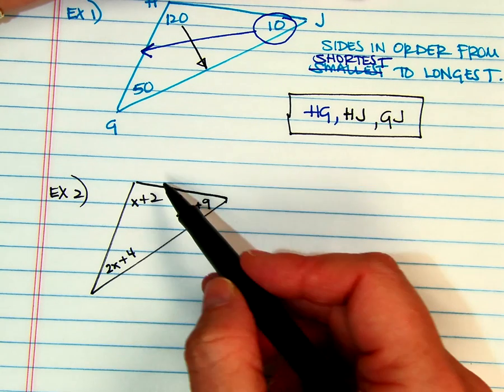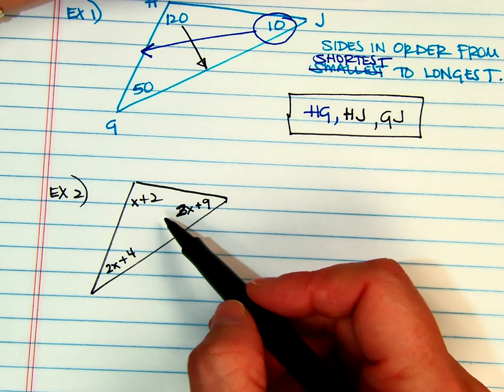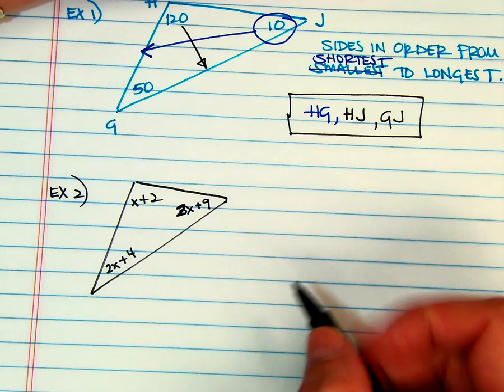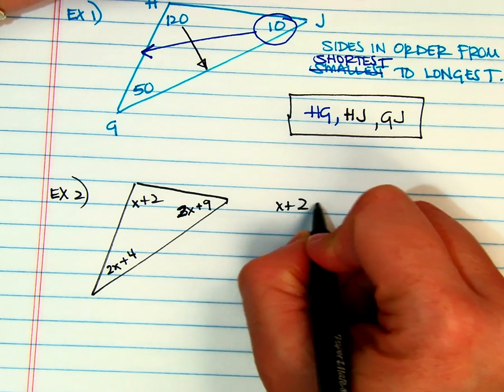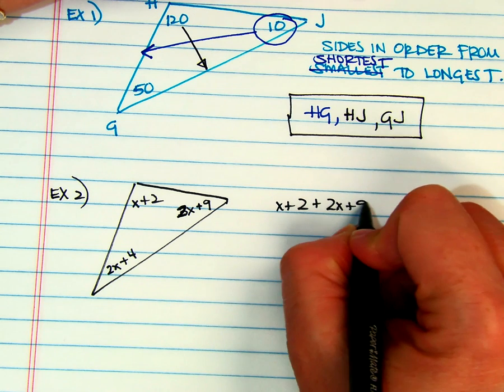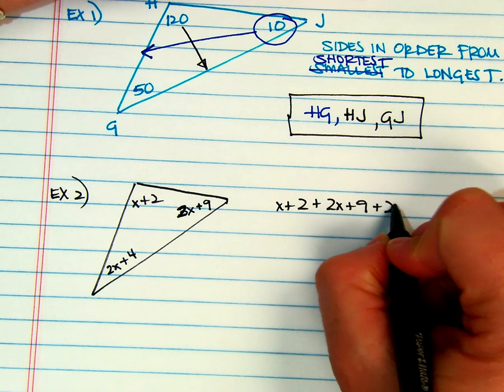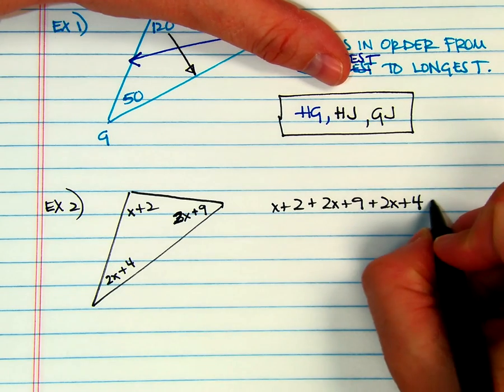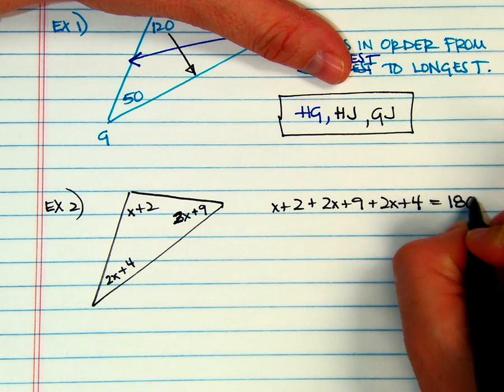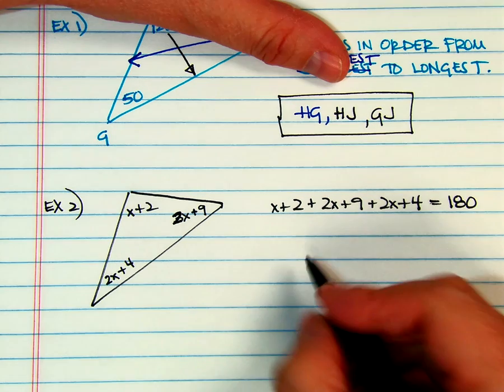I can't do anything with this yet until I find how much each angle is. So I would have to add all of these up: x plus 2 plus 2x plus 9 plus 2x plus 4. I know that all of those angles should equal 180 degrees. That's going to help me find my x.